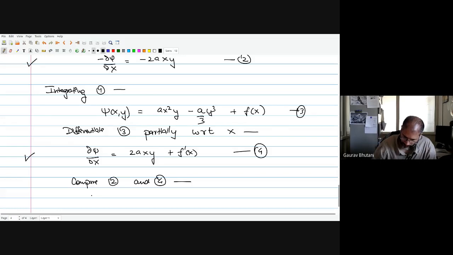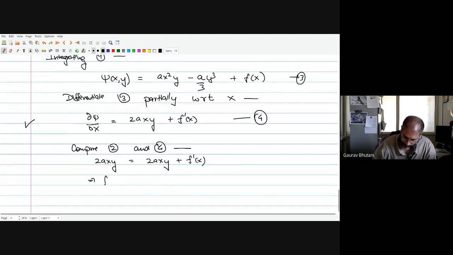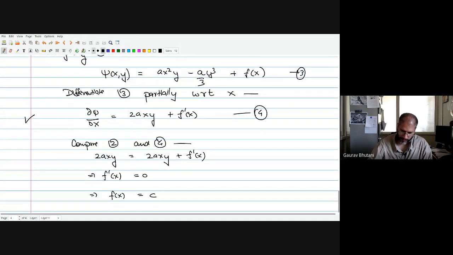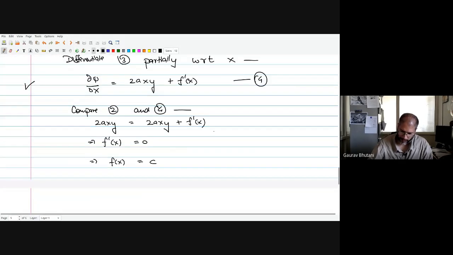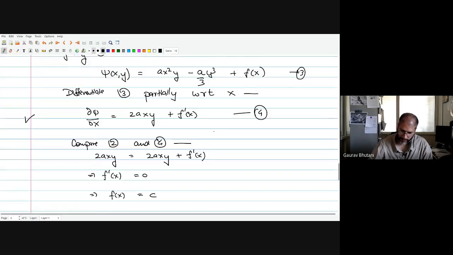So if I equate del psi by del x on both sides, what we get is 2axy is 2axy plus f prime x. So this means f prime x is 0, which means f of x is some constant c. All this was just to find the constant function f. Okay, so now I can write my psi.